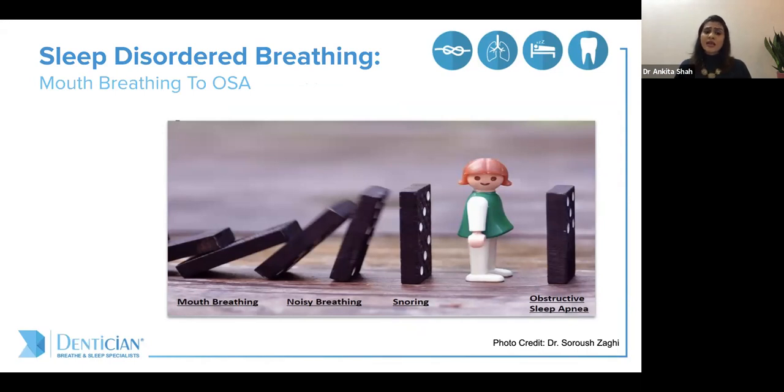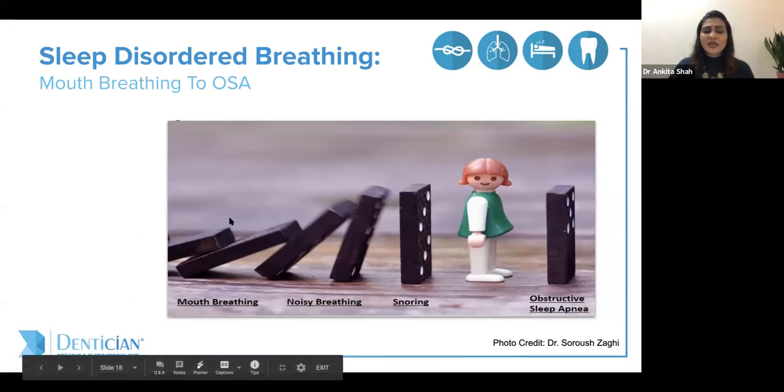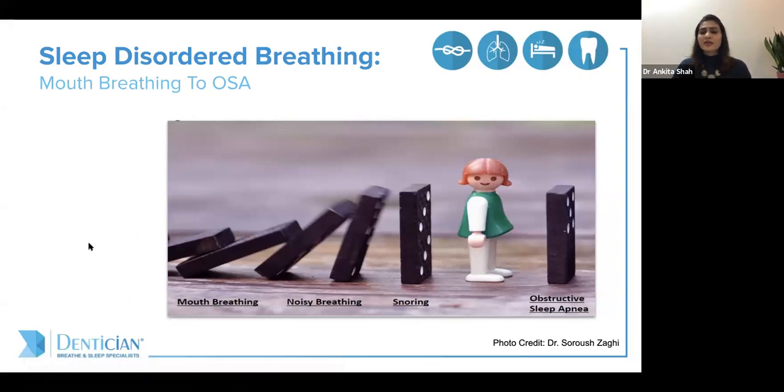But he makes a very important statement here that not all mouth breathing is going to cause obstructive sleep apnea. But obstructive sleep apnea always starts with snoring, and that always starts with noisy breathing, and that always starts with mouth breathing. So we need to start intervening early in order to prevent obstructive sleep apnea.